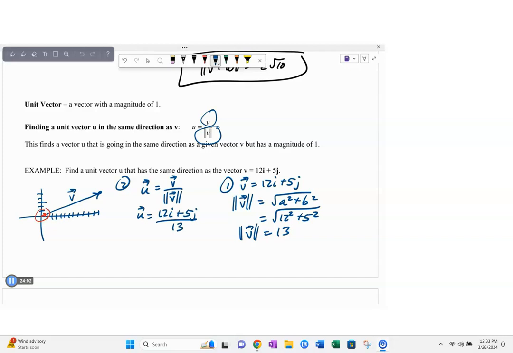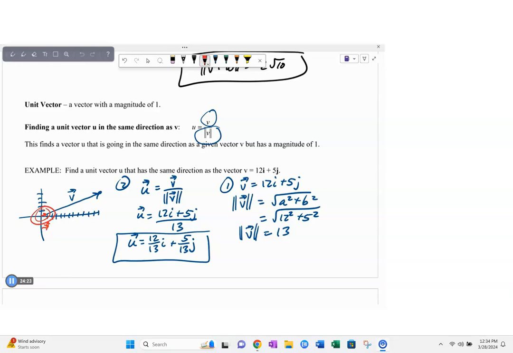Well, that's a common denominator, so I got 12/13 i plus 5/13 j, or (12/13, 5/13), right? So it goes to the right 12/13 and then up 5/13, and that's that vector u.